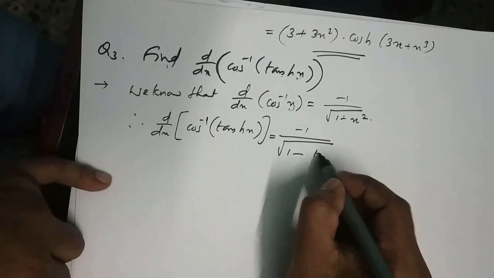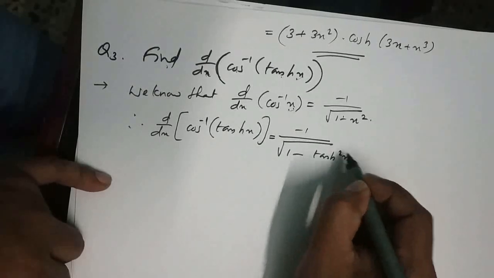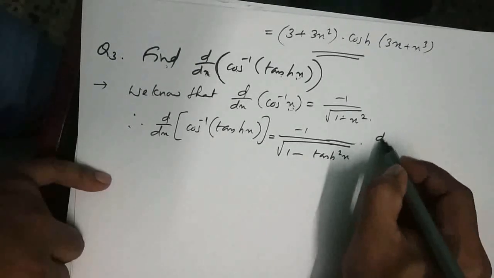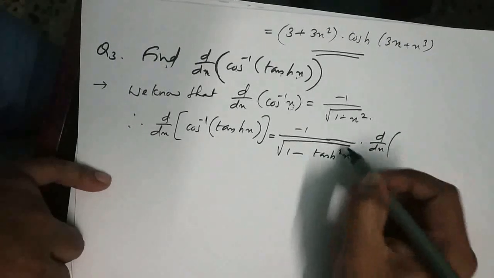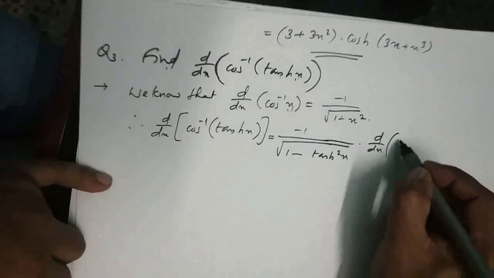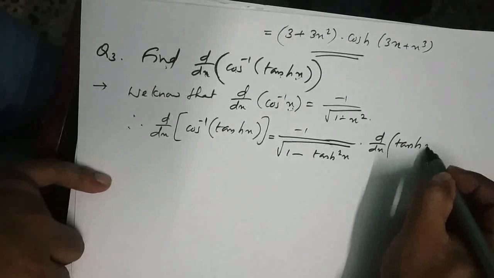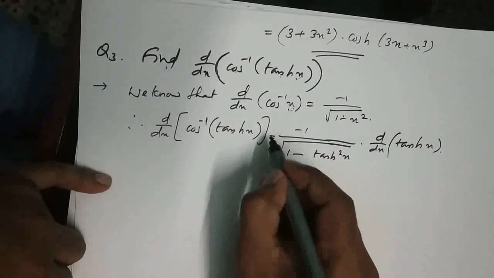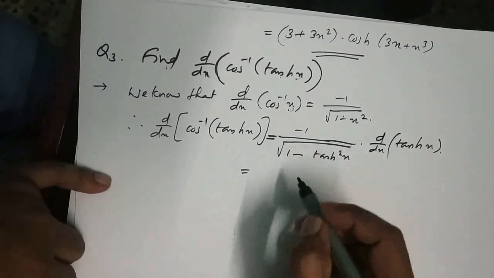So 1 minus tanh square x into d by dx of tanh x.